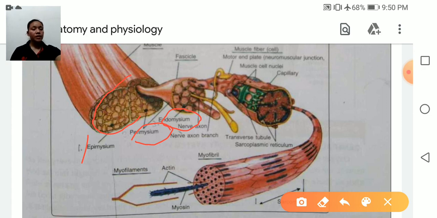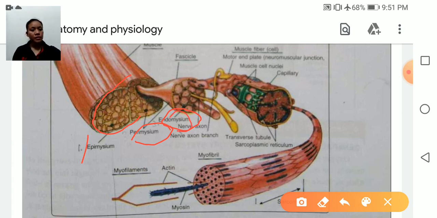Epimysium surrounds the whole muscle, perimysium surrounds the bundle of muscle fibers, and endomysium covers a single muscle fiber.